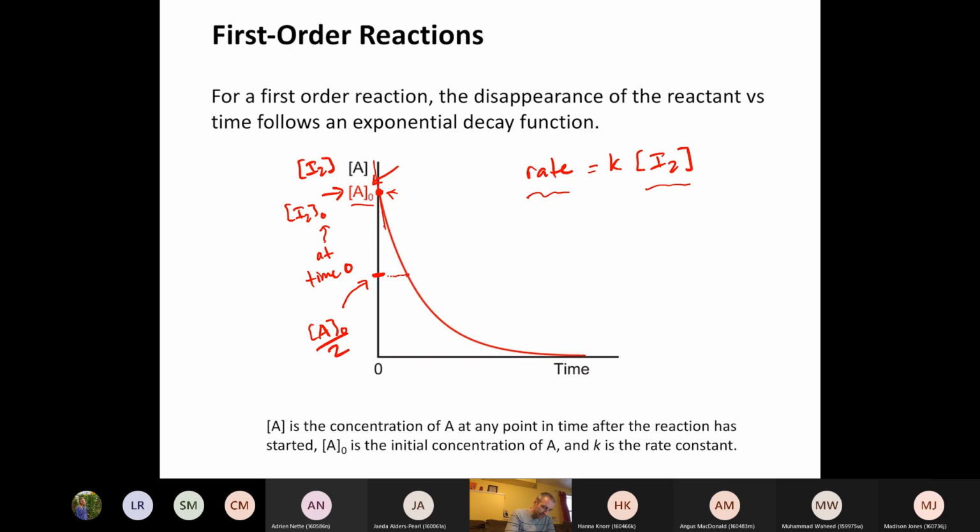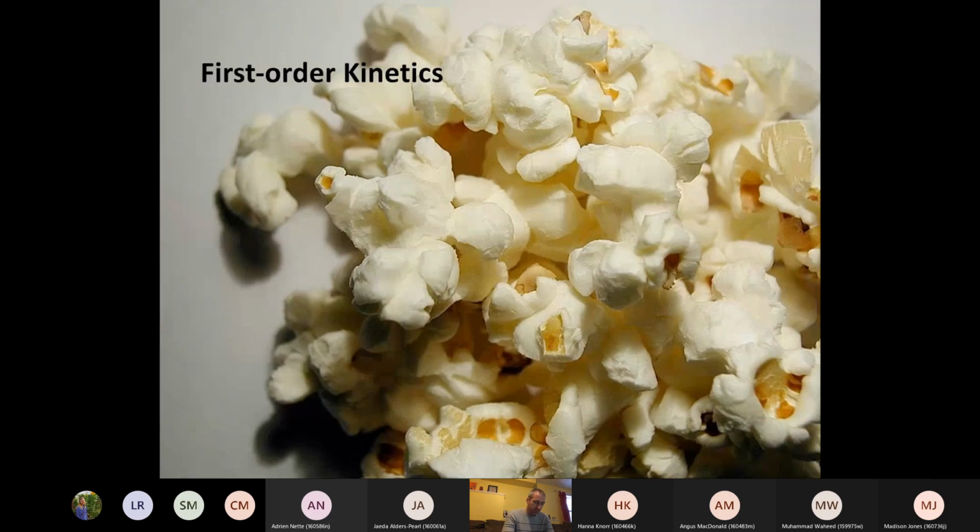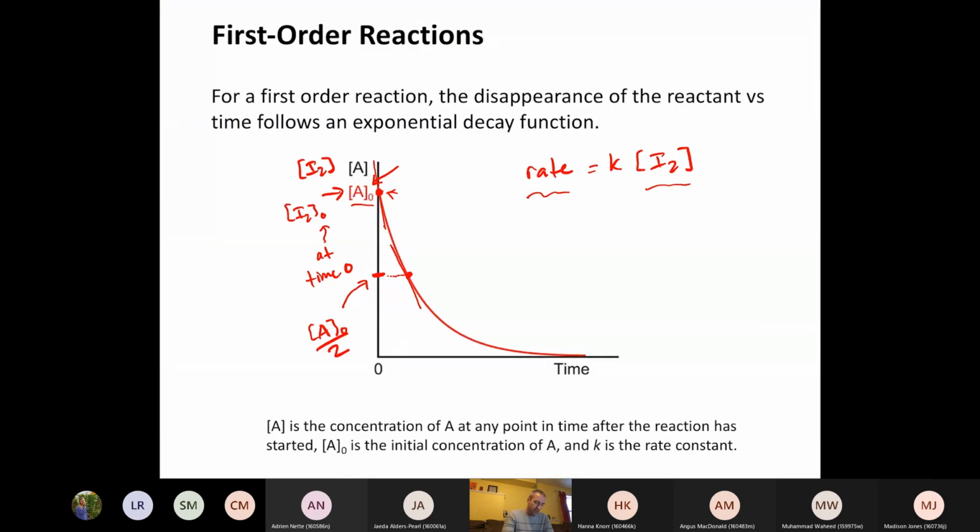And move over, we get to this point in the graph. So we're down to half the concentration of I2. The rate at that point is going to be equal to the slope of the tangent line at that point. And that rate, you can see, is going to be less steep than it was at the start. It's going to be a slower reaction. In fact, it's going to be exactly half as fast if the concentration of I2 is exactly half.